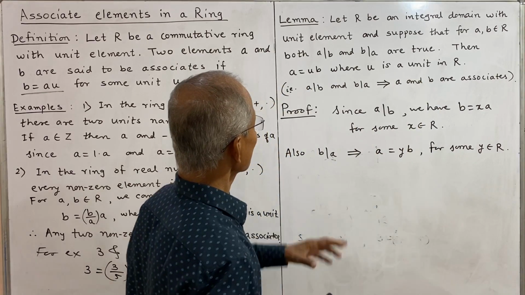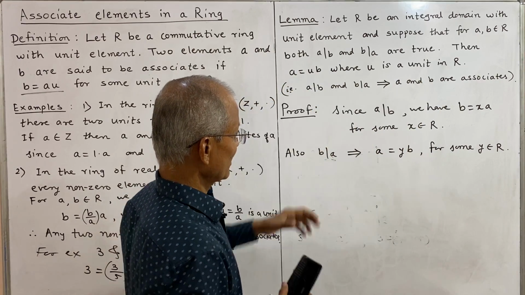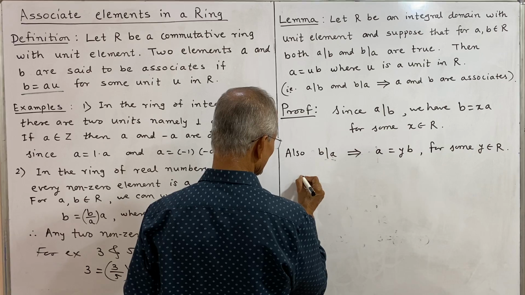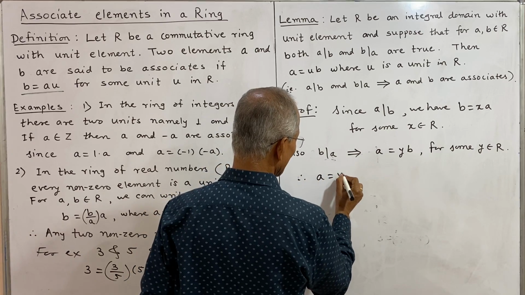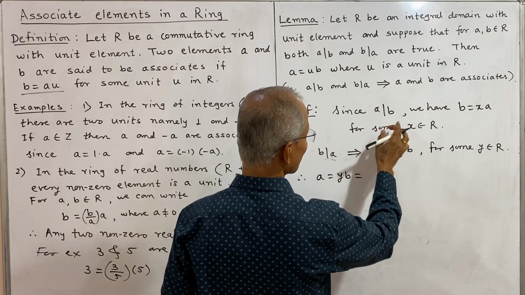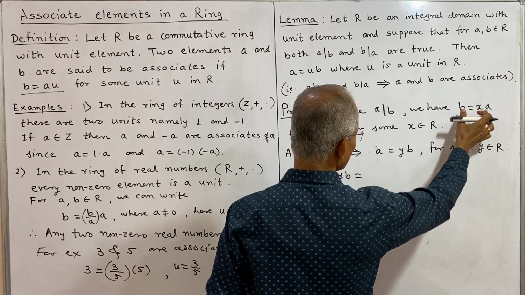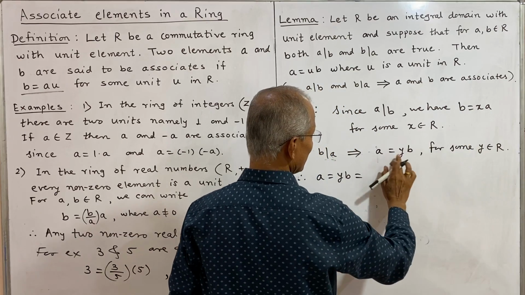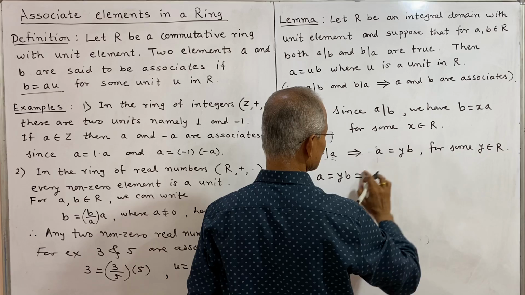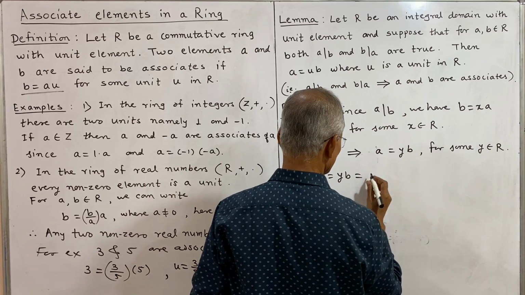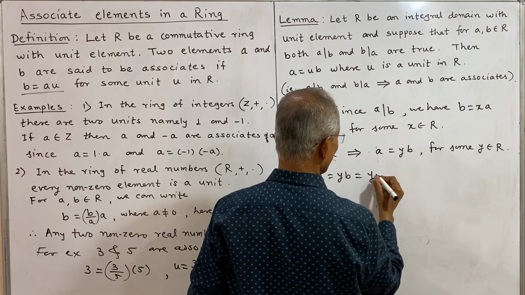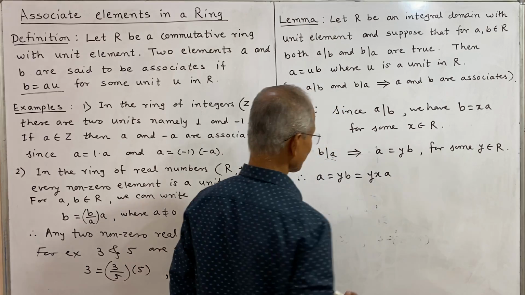Now we want to write the expression for a, and thus a is equal to yb. But what is b? B is x into a. We combine these two. A is yb, and in place of b we write x into a, so a is y x into a.